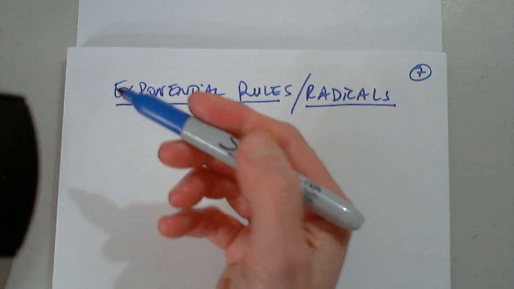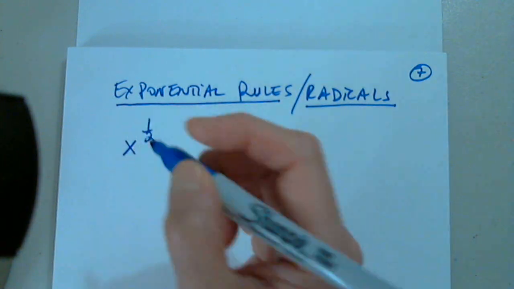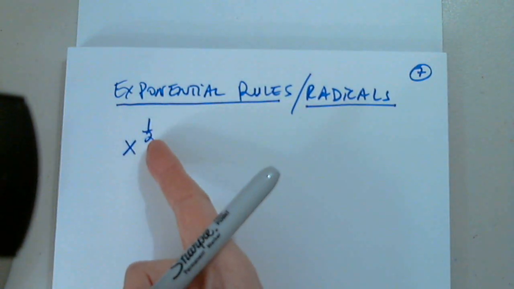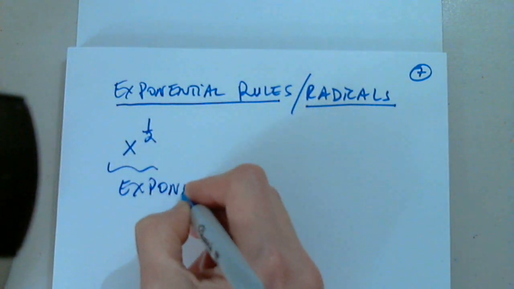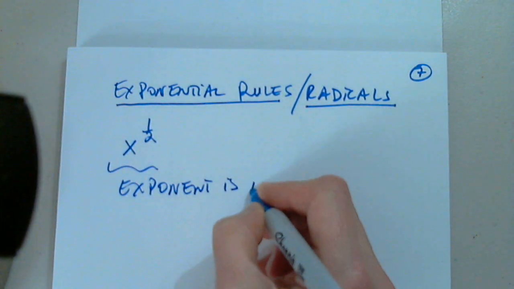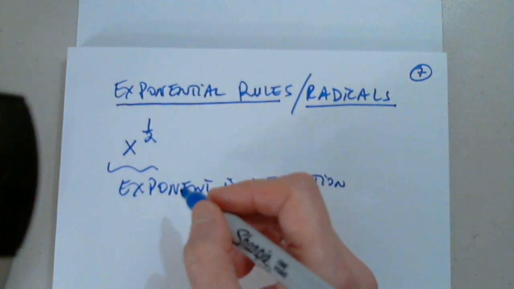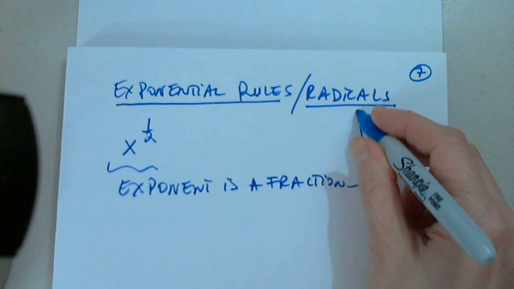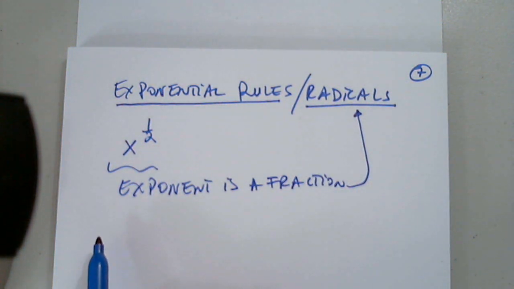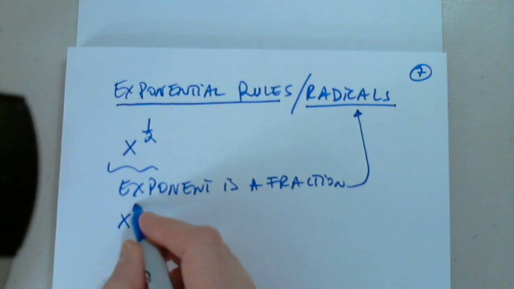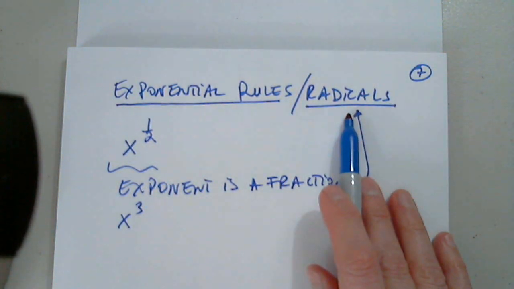So if I have, let's say, x to 1/2, every time the exponent is a fraction, then the expression is a radical. If the exponent is x to the third or power 3, this is not a radical.